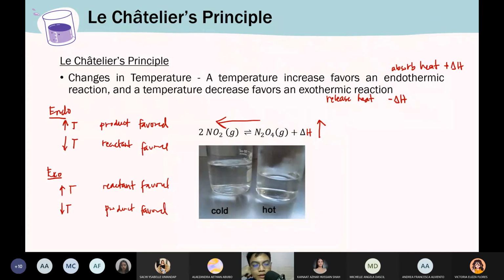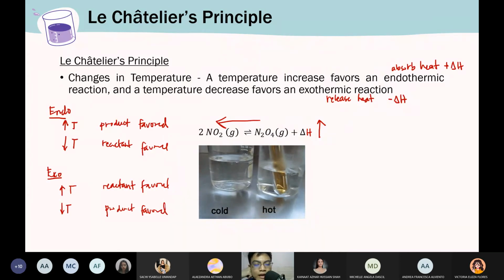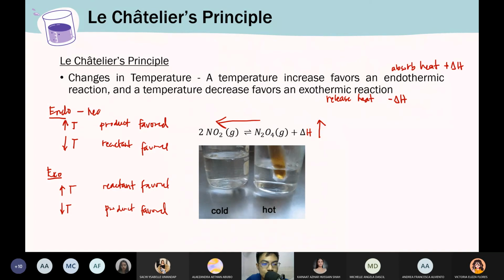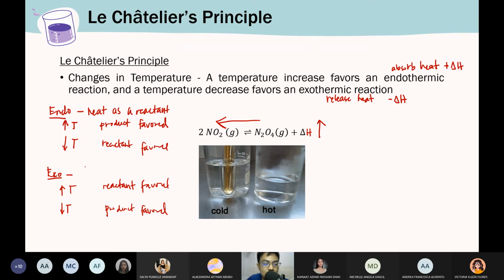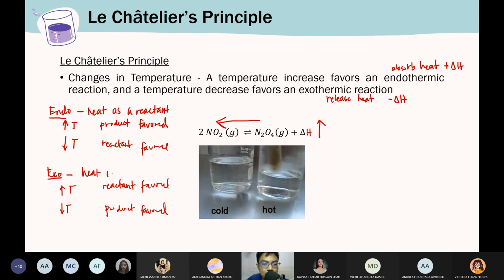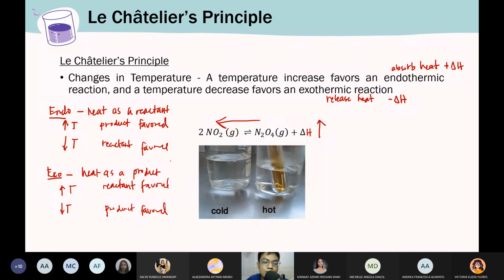Then in temperature, imagine heat as your reactant or product. Kapag endothermic, your heat is reactant. Okay, so andito yung heat natin, or positive yung delta H. Kapag exothermic, your heat is a product. Okay, and then use the same logic as yung concentration.